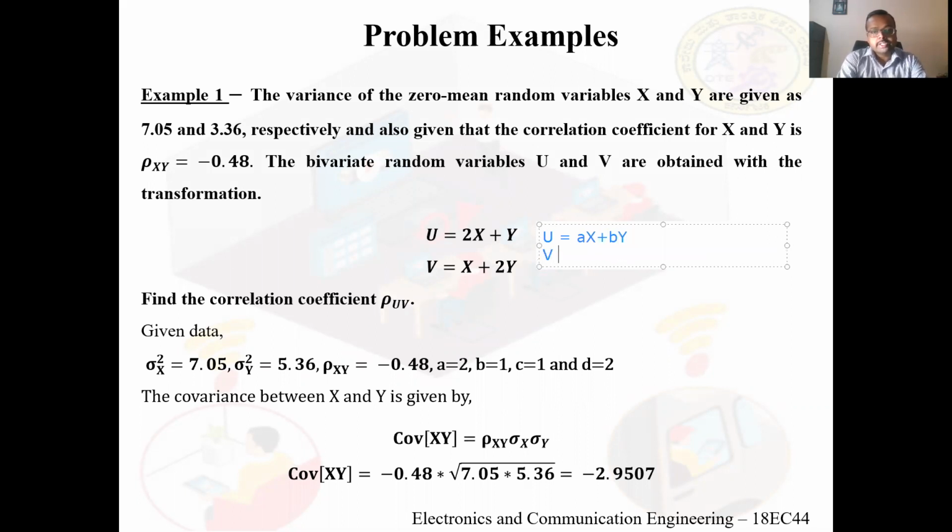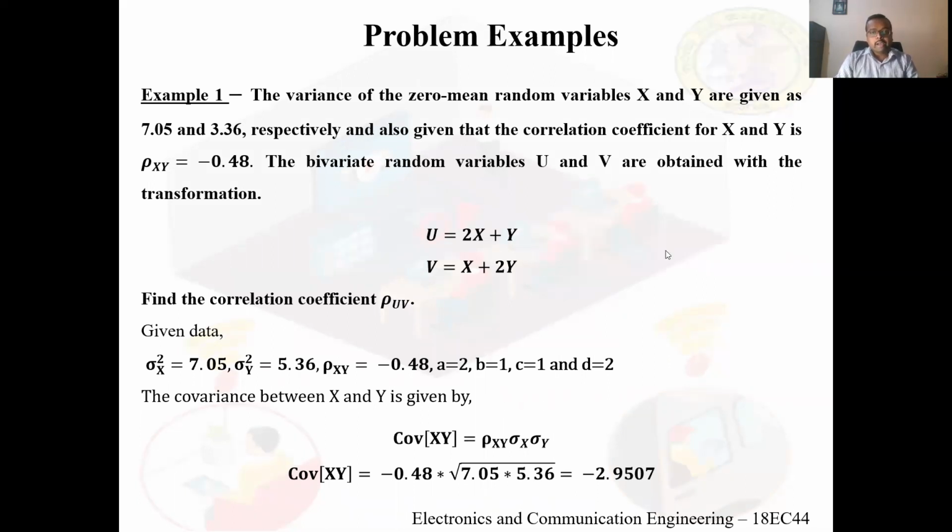Similarly, the V equation is Cx plus Dy. So just by comparing these two equations, we know that A is 2, B is 1, C is 1, D is 2 here. Right? These are the parameters which are given.